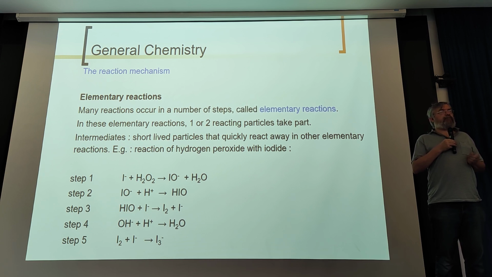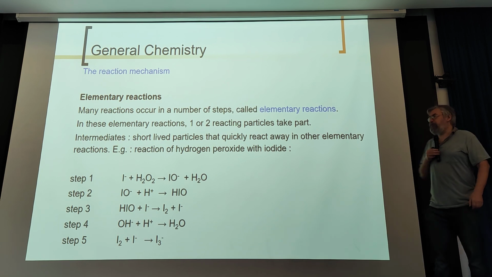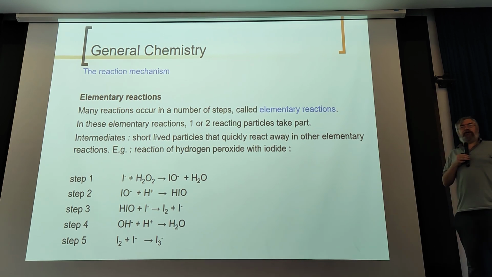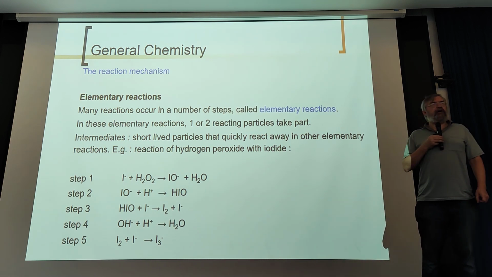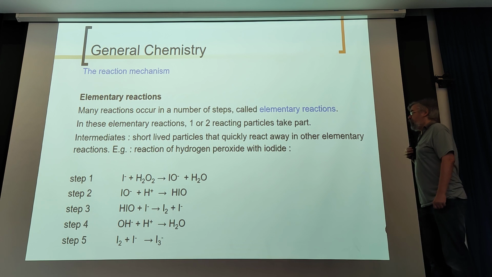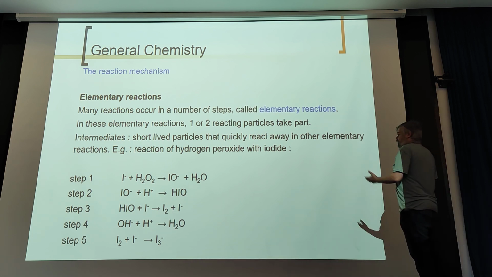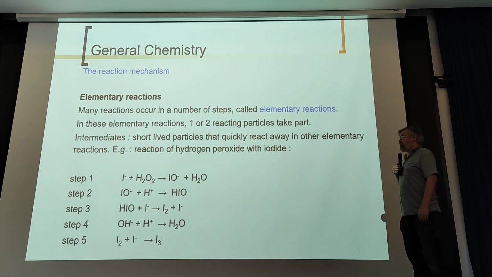And in the second step, the hypoiodide is protonated and forms hypoiodous acid. This hypoiodous acid is a strong oxidant and oxidizes iodide, and it forms iodine. This iodine in step 5 combines with iodide to form triiodide.